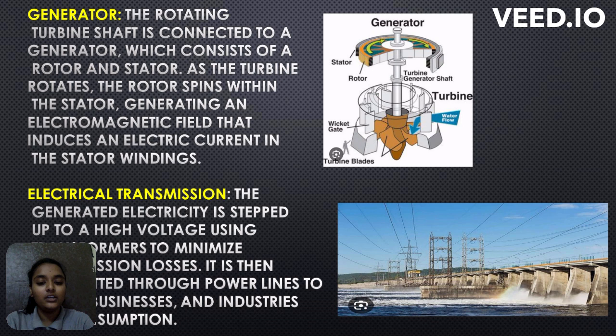Next component is electrical transmission. The generated electricity is stepped up to a high voltage using transformers to minimize electrical transmission losses. It is then transmitted through power lines to homes, businesses, and industries for consumption.